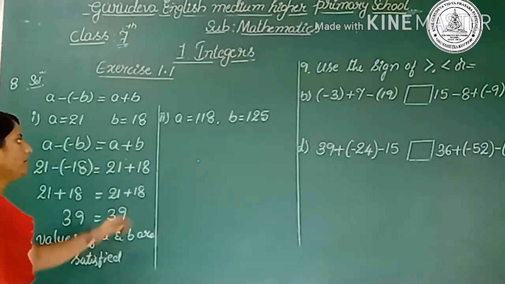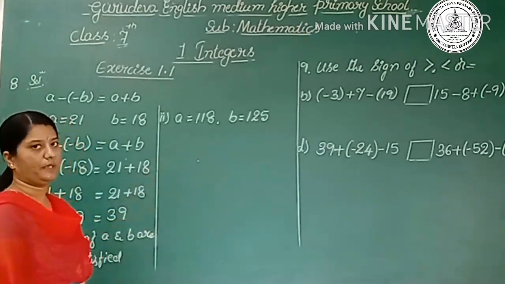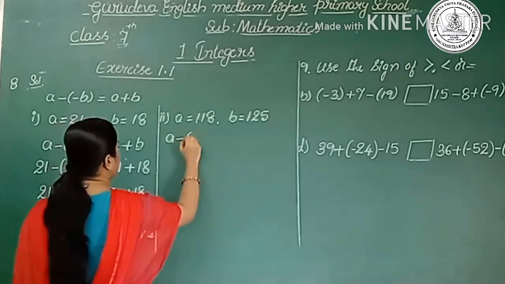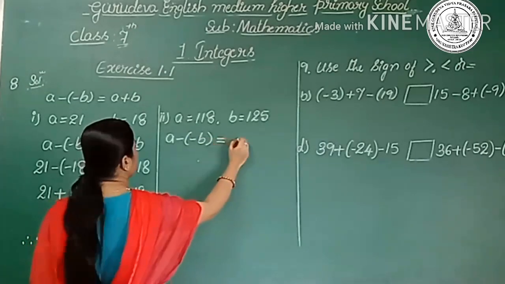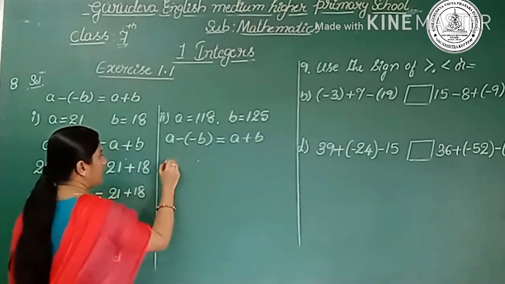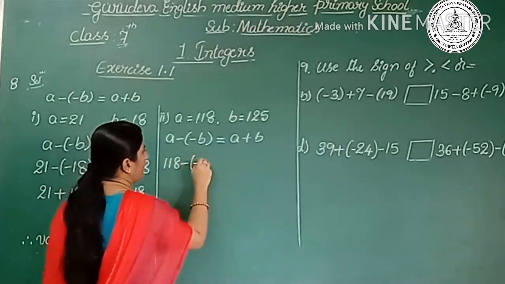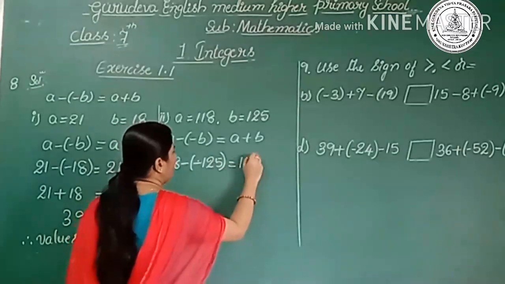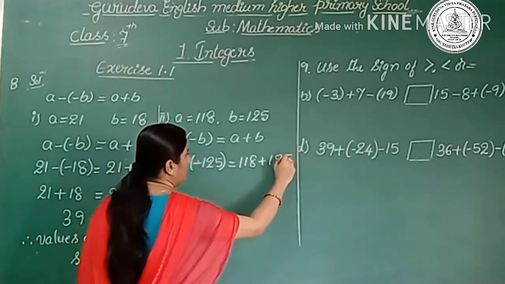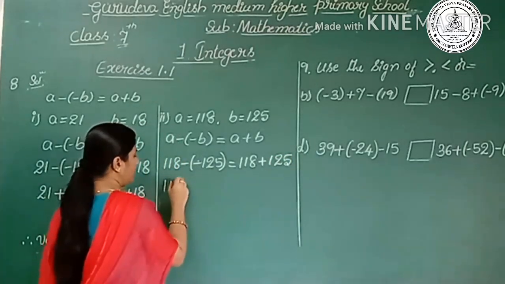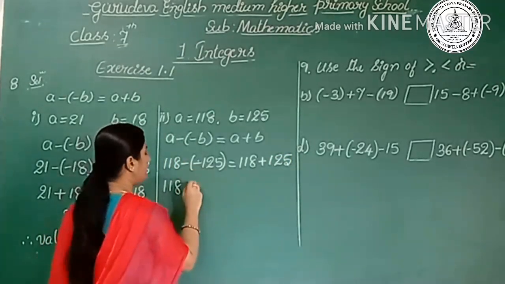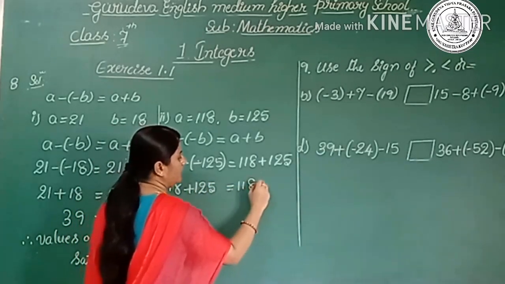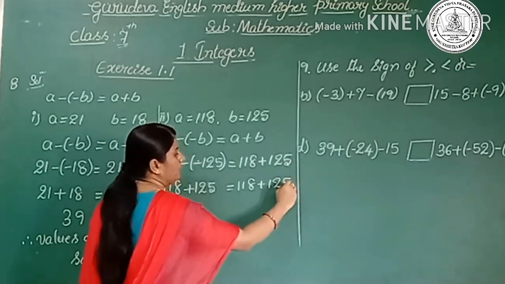Okay. So with the same pen, let's write the values of a and b. First write down the given equation or general form: a minus of minus b is equal to a plus b. So here a is 118, 118 minus of minus 125 is equal to 118 plus 125. So 118 minus of minus 125 is plus 125, which is equal to 118 plus 125.